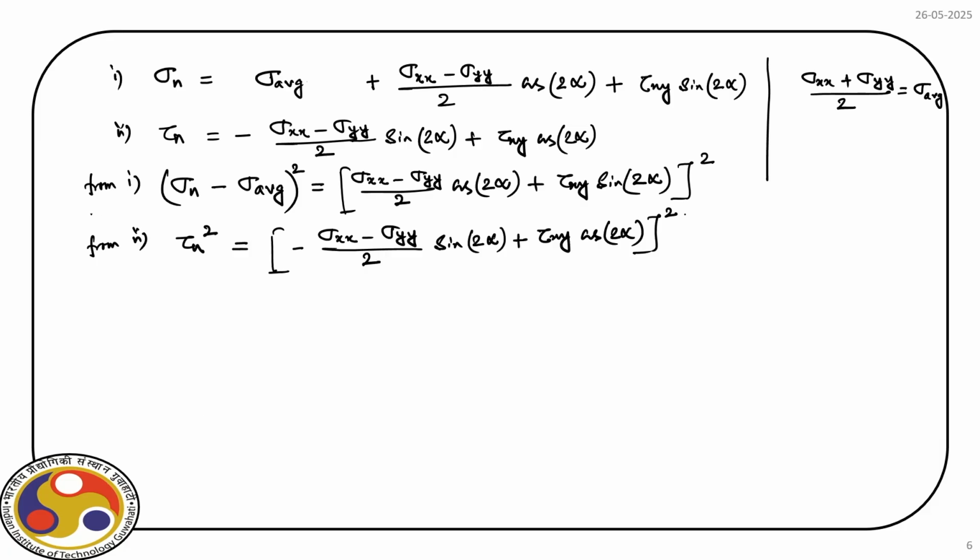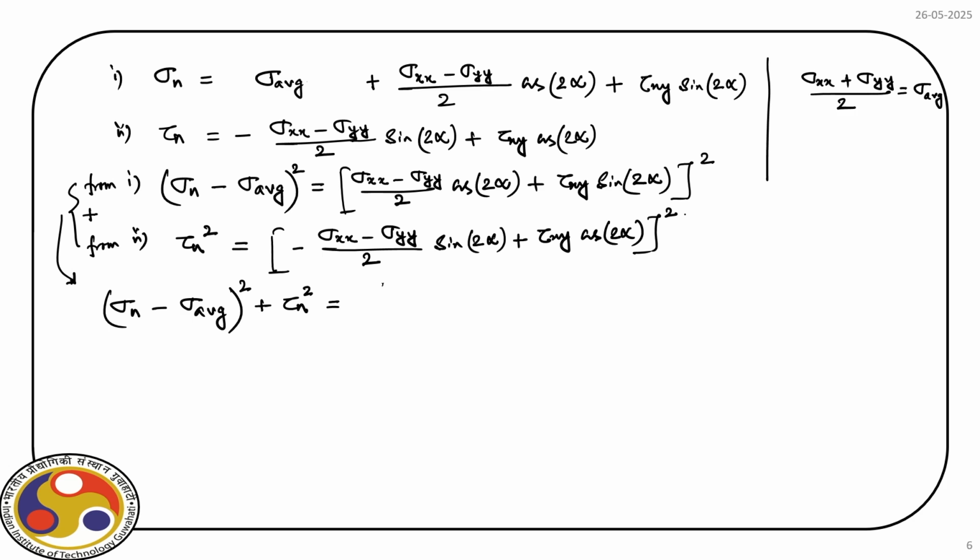Now, if I add these two equations, we get sigma n minus sigma average whole square plus tau n square, and on the right hand side, from the first equation we have sigma xx minus sigma yy by 2 whole square cos square of 2 alpha, and from the second expression we have sigma xx minus sigma yy by 2 whole square sine square 2 alpha.